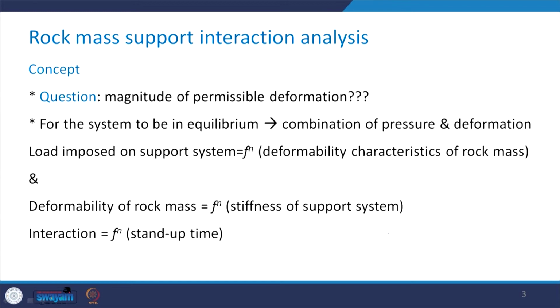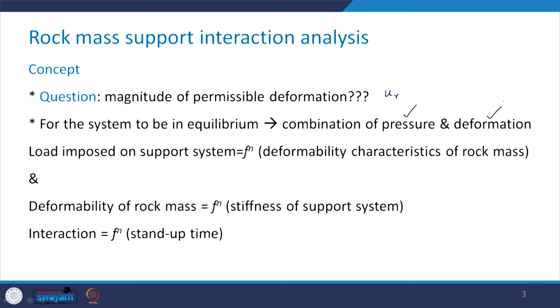The question comes, what should be the magnitude of this permissible deformation, that is UR, the radial deformation. For the system to be in equilibrium, there is going to be a combination of pressure and deformation.